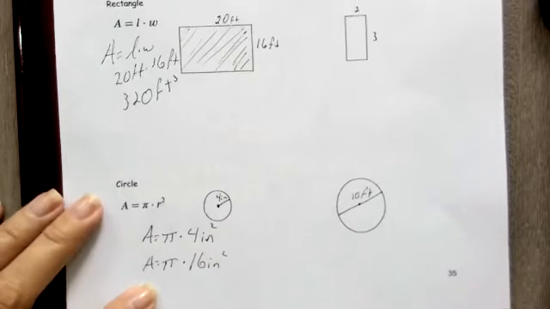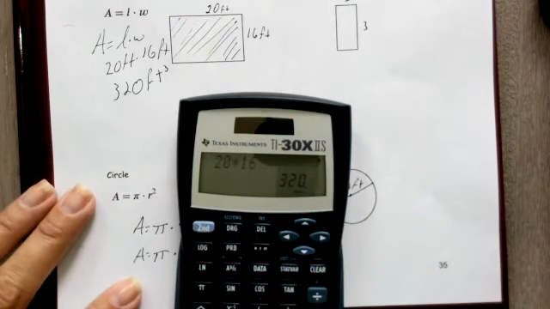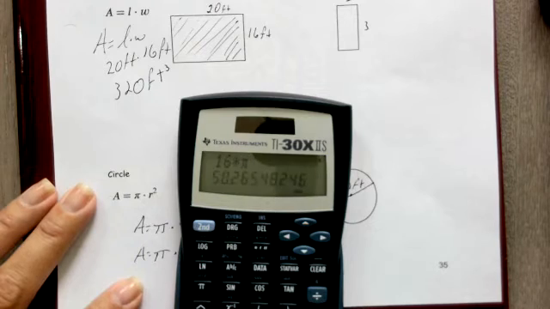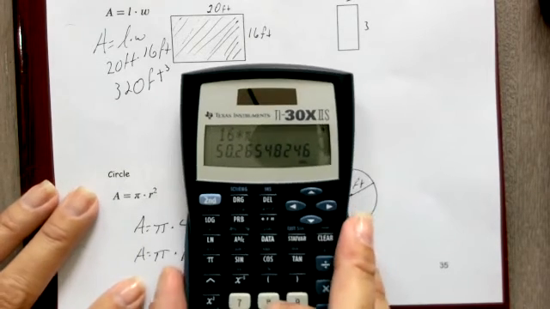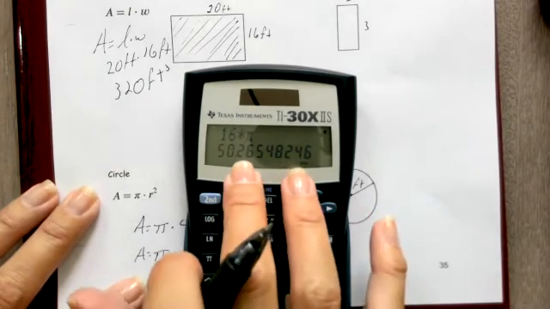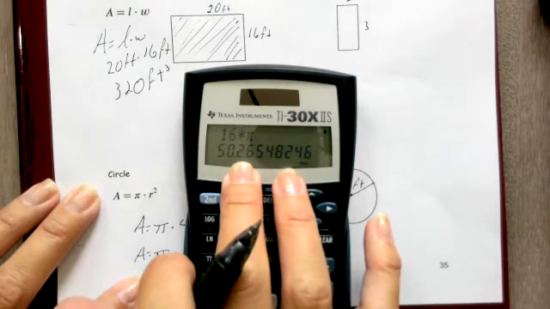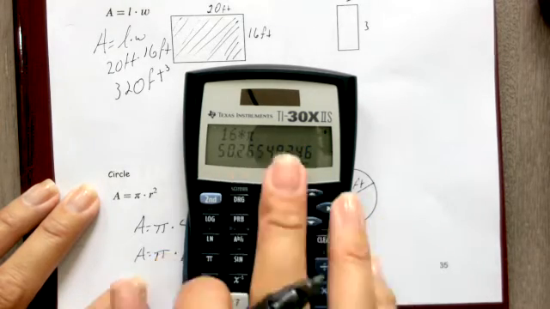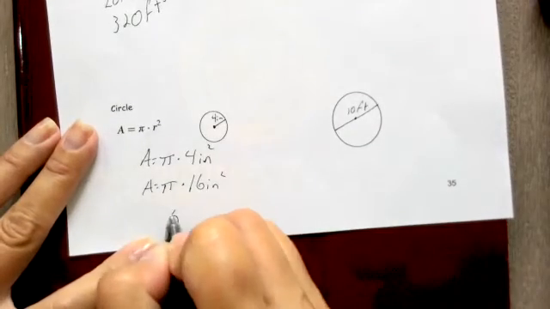Sometimes you leave the pi notation, and sometimes you can use your pi key. And then you can round it. Say I rounded it to 1 decimal place. That's the 0.2. So I look to the right, it's a 6. So I'm going to go up to 50.3.